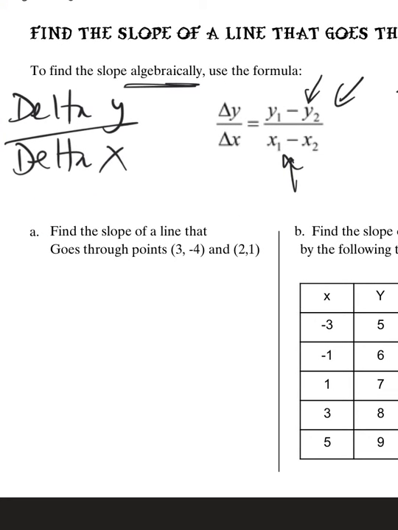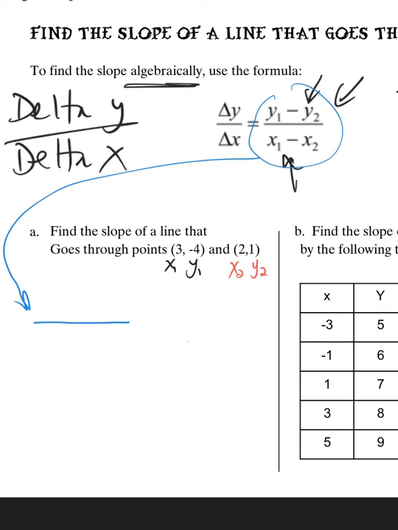We're going to find the slope of a line that goes through points 3, -4, and 2, 1. I'm just going to take one of these, it doesn't matter which one, and make it my x1, y1. And I'm going to take another one of these, and I'm going to call it my x2, y2. That way I have everything nice and tidy. And I'm going to go ahead and draw my delta y over delta x. y1 minus y2 over x1 minus x2.